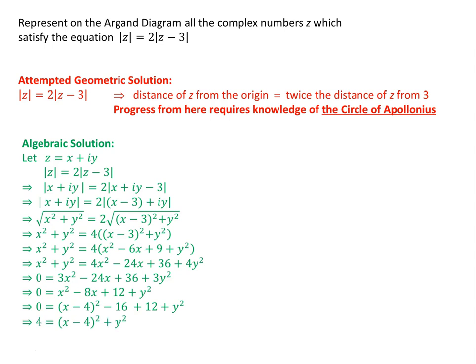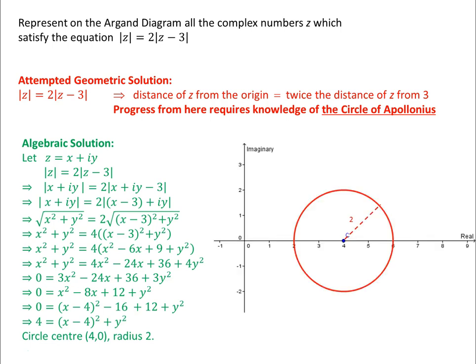In other words, we've got 4 equals x minus 4 squared plus y squared. And that is the equation of a circle with centre 4, 0 and radius 2, which I can now draw easily on my Argand diagram.